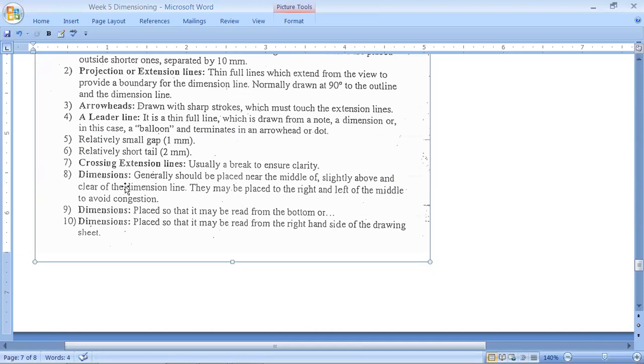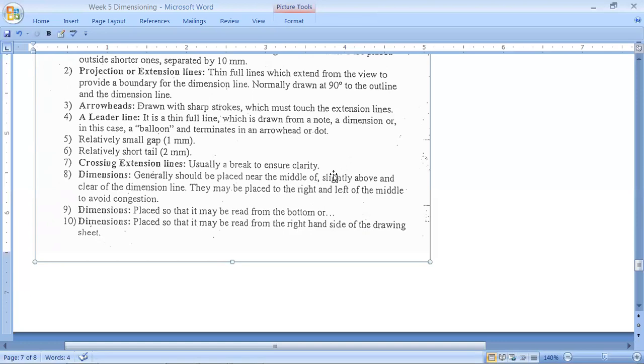Number 8, dimension text should generally be placed as near as possible to the middle, slightly above and clear of the dimension line. It might be placed to the right or left of the middle to avoid conjunction.